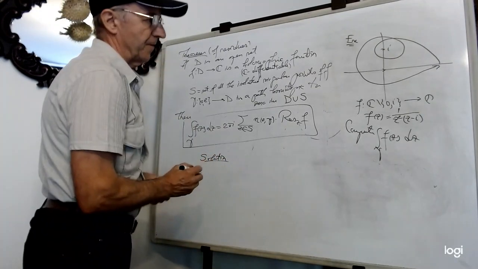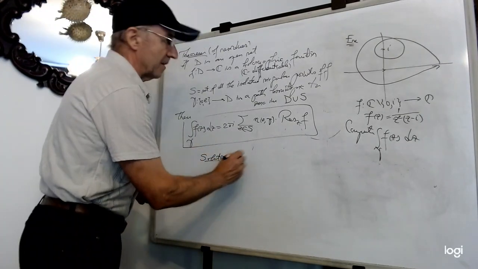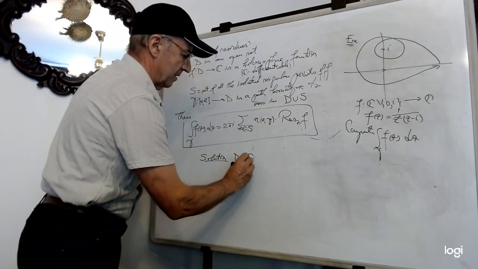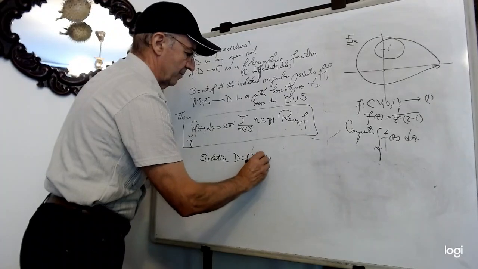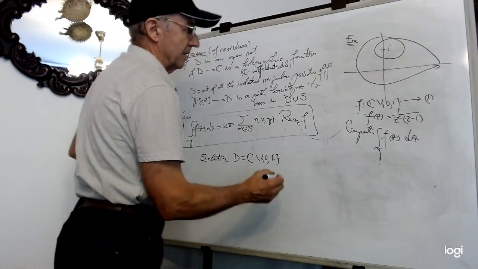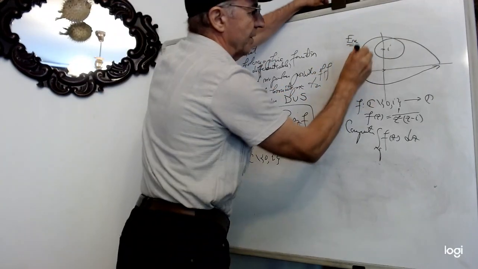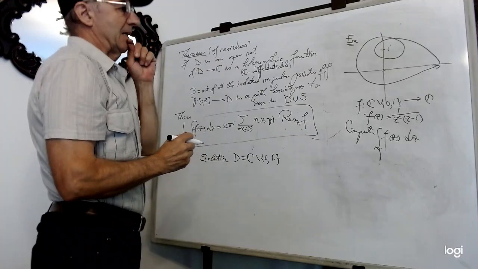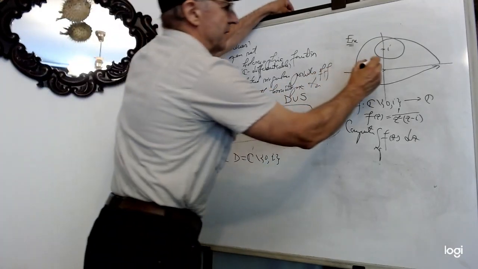We use the theorem of residues. In this case, the set D is C minus {0, I}. This is evidently an open set. For each point you can find a disk contained in it.